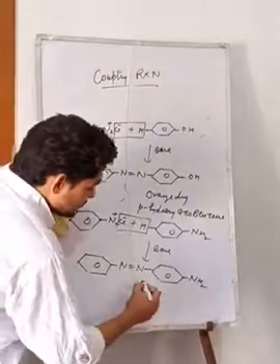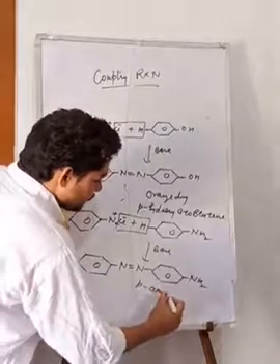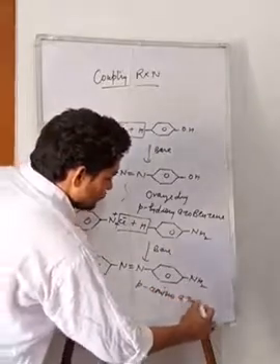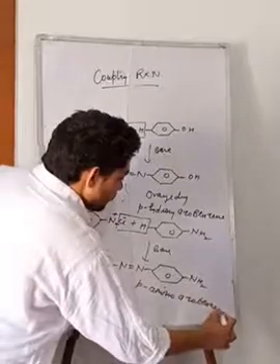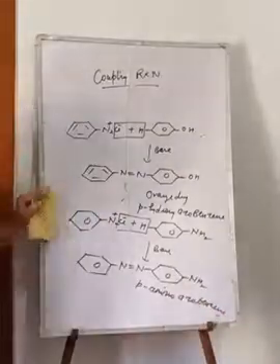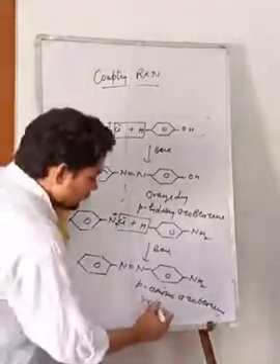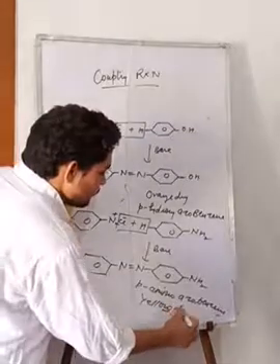What is the name? This is para-amino azobenzene, which is a yellow dye.